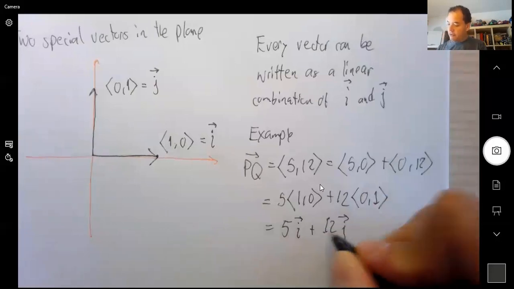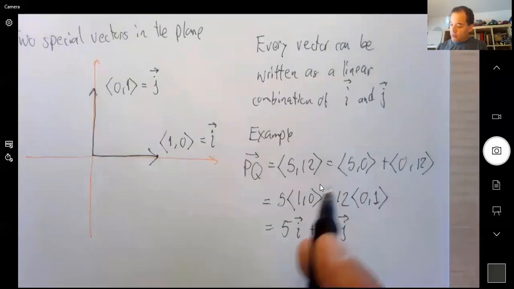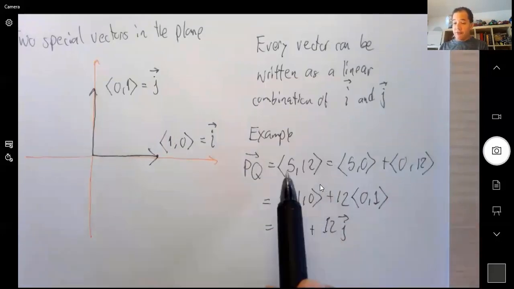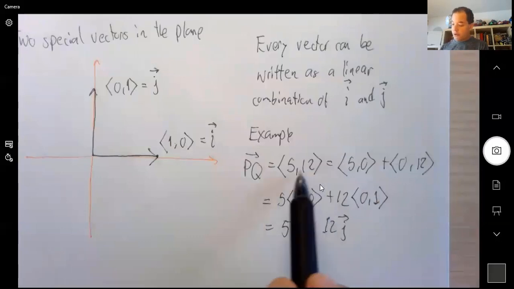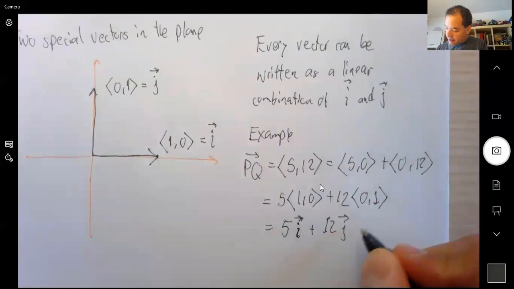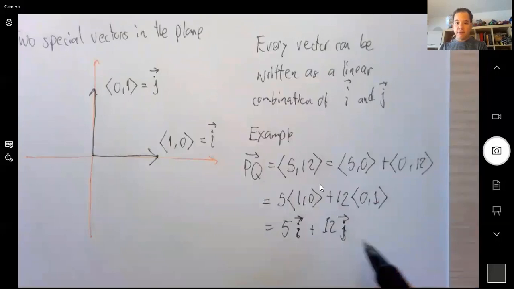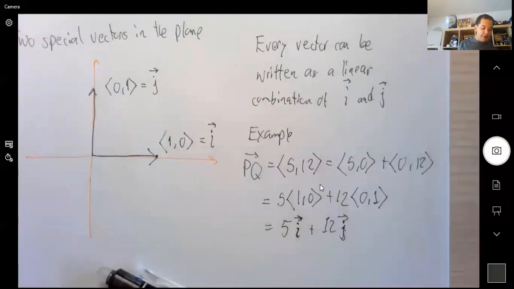In general, you don't need to do all this work. You can write a vector in vector form, or you can write it in ij form by just remembering that the i is the first coordinate and the j is the second coordinate. So 5i plus 12j. Is that clear? It's just an additional way in which we can write vectors. All right, so good.